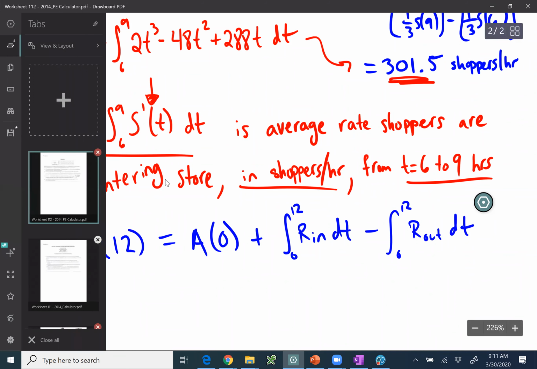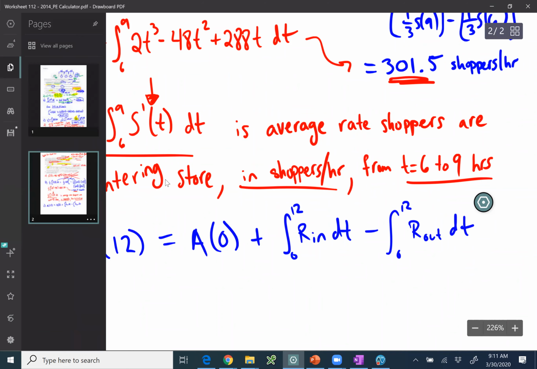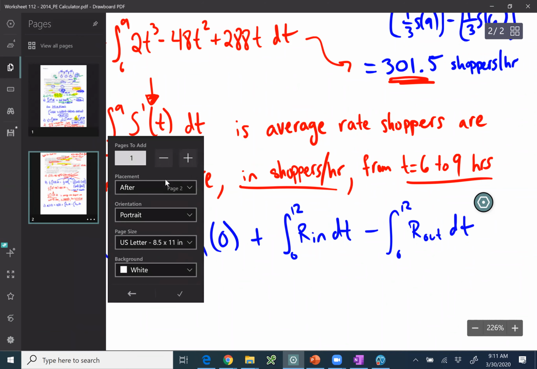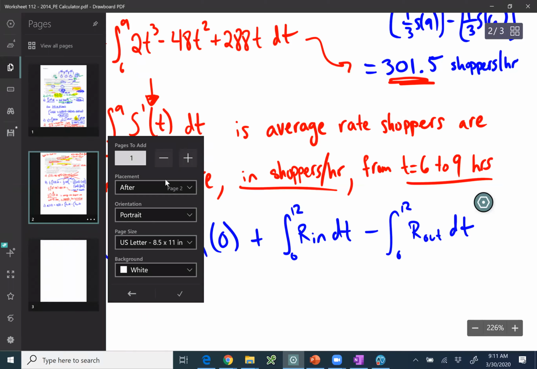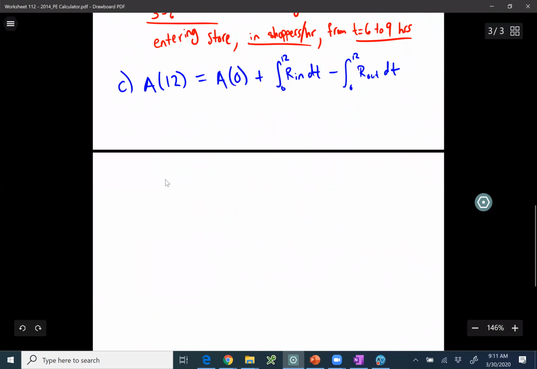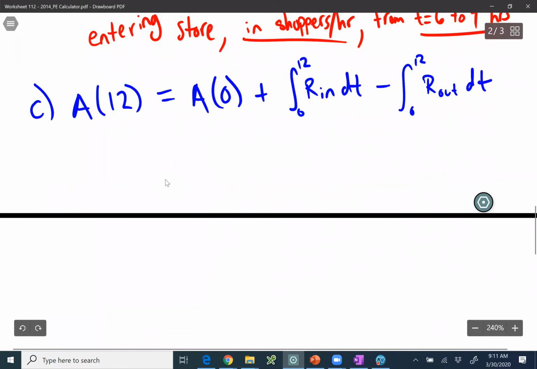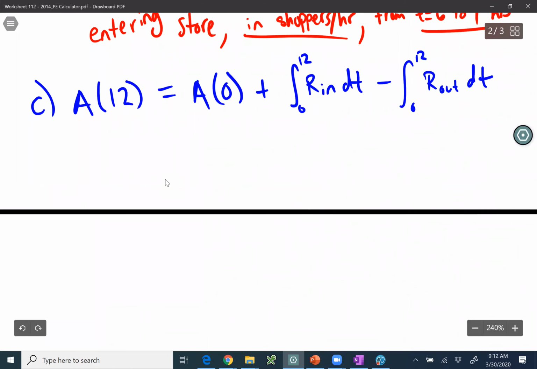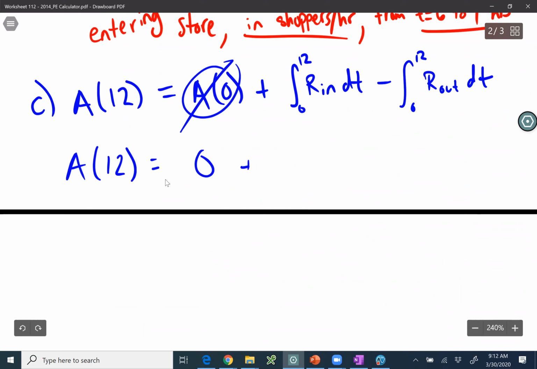So what is going to be the same no matter what is that A of 0 was 0. And I'm going to leave this part blank for right now. And the integral from 0 to 12 is just going to be L of t. That is the same no matter what.